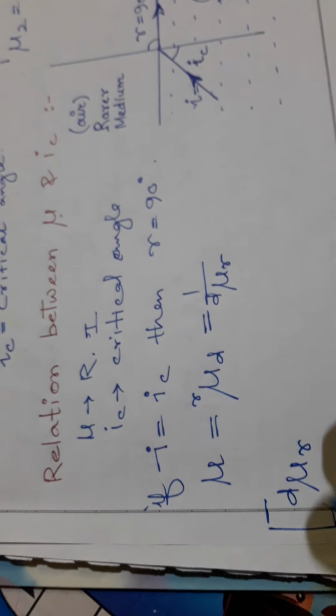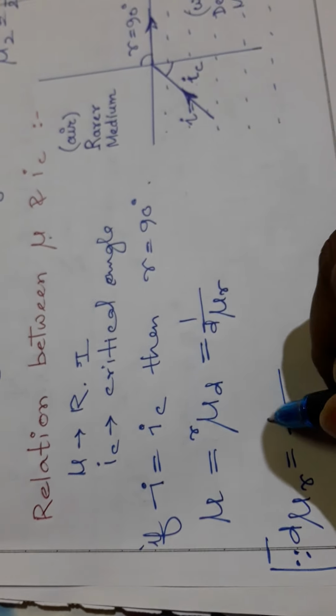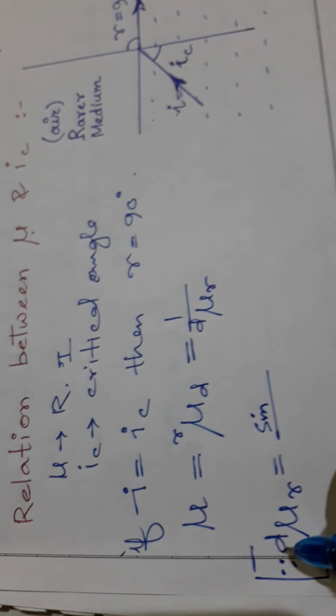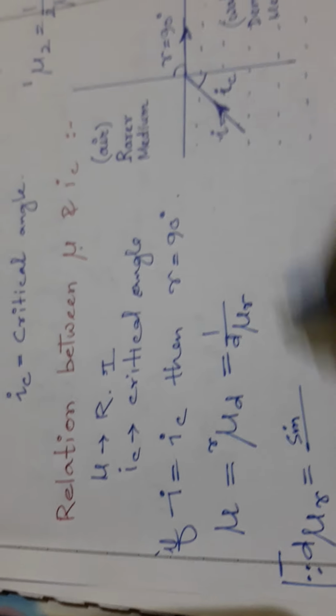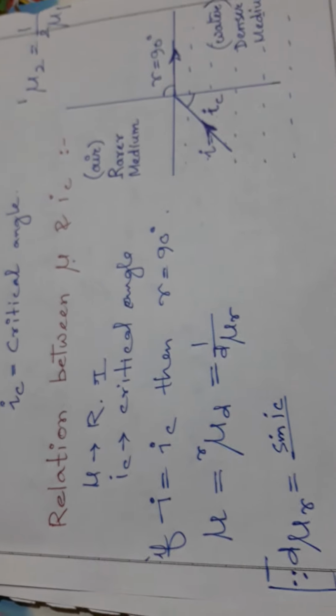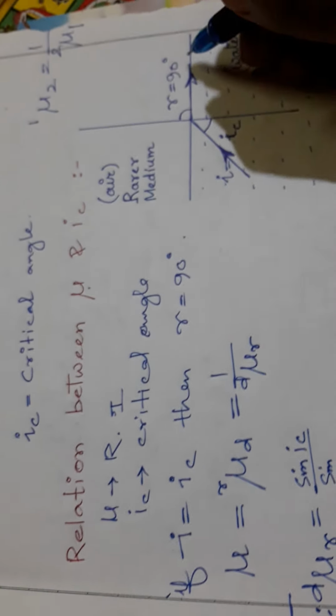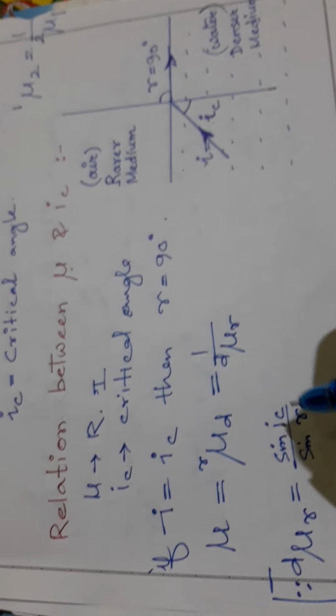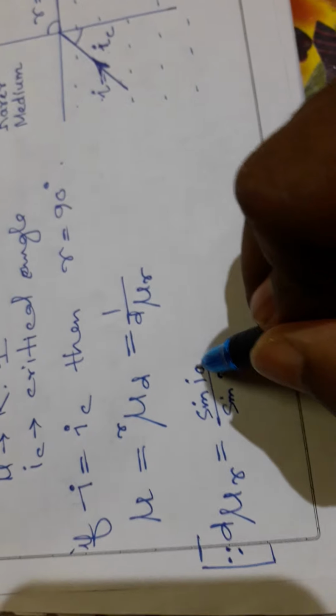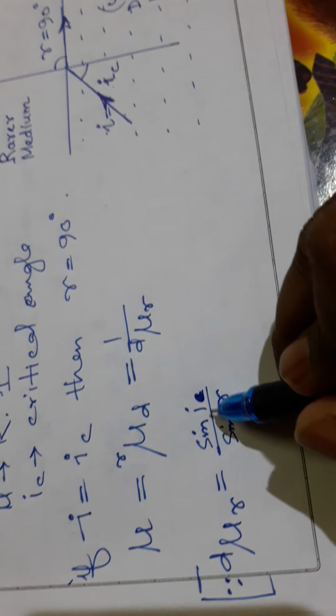Dmur is sine of the angle in denser medium, IC, by sine of the angle in rarer medium, R. Or you can write it like this: sine I by sine R.